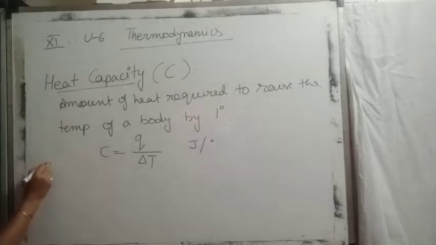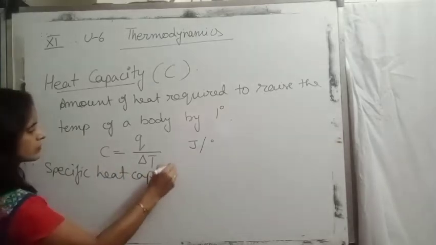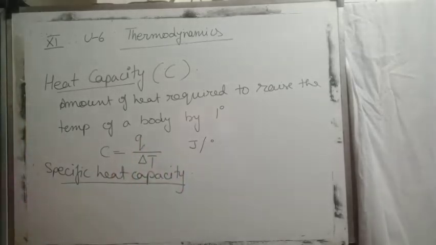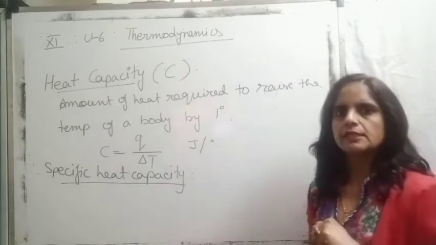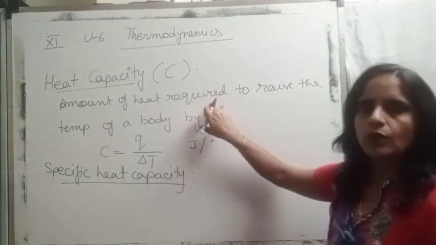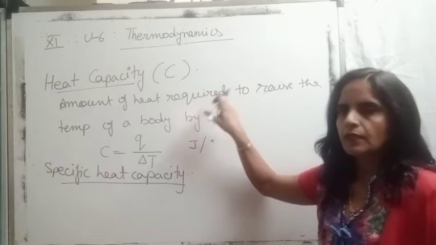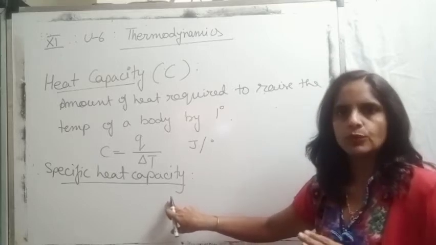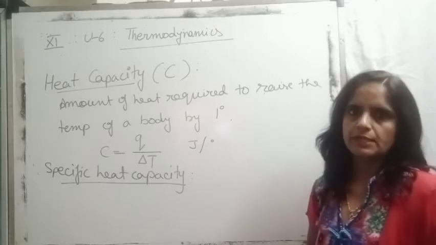The second definition is specific heat capacity. The difference between heat capacity and specific heat capacity is that in heat capacity we are not mentioning the amount of substance, how much substance we are taking. But in this case, you need to specify the amount also. That's why this is termed specific heat capacity.